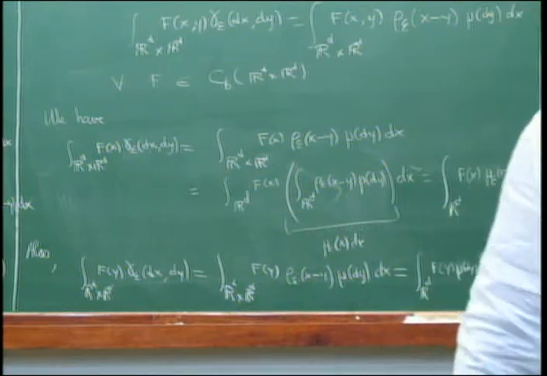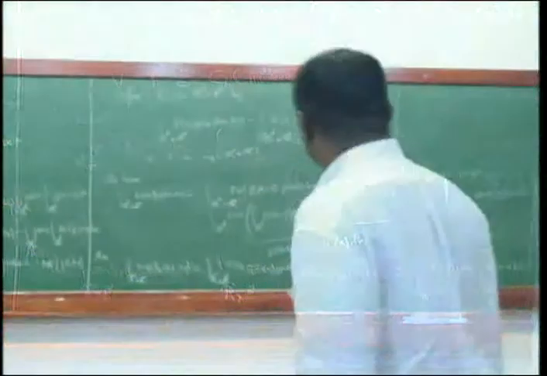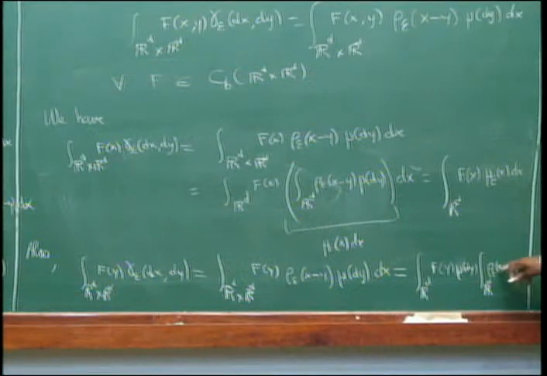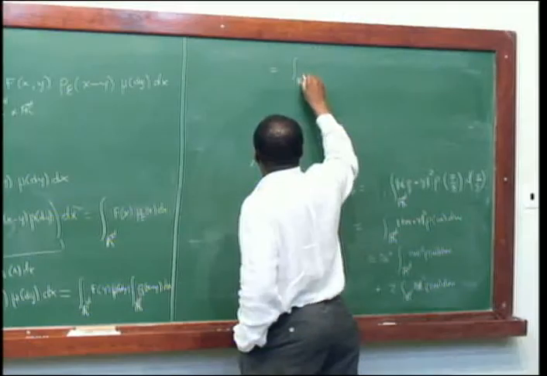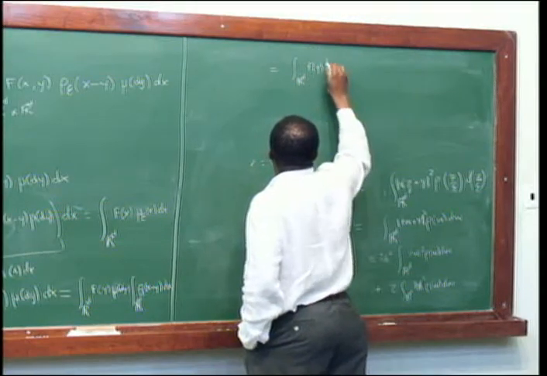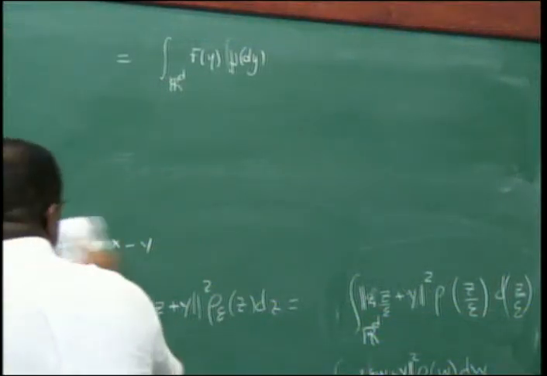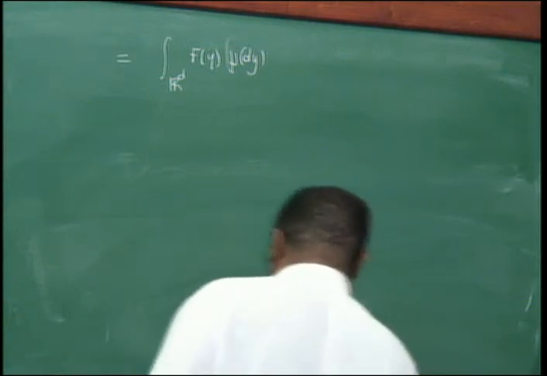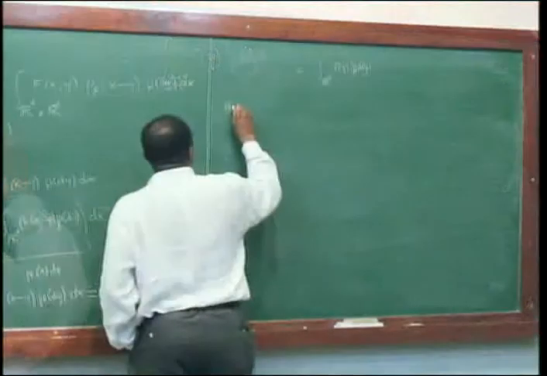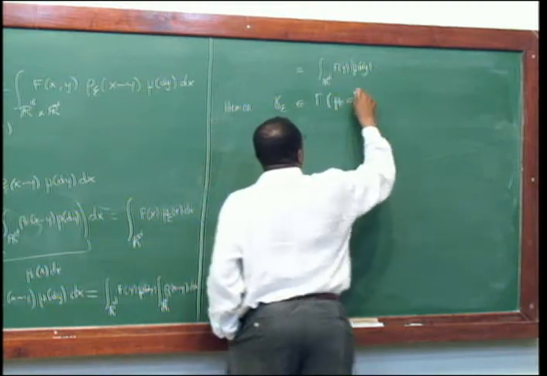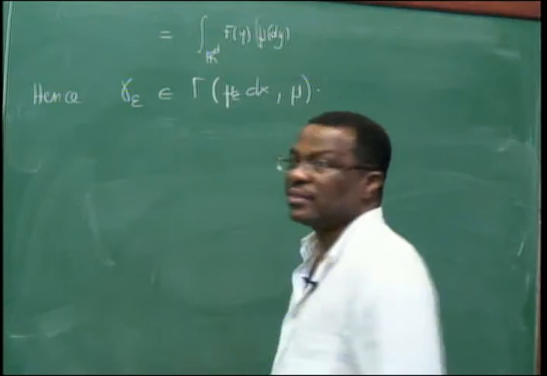But rho epsilon is a probability measure. I can substitute, maybe, the change of variable x minus y is w. So I'll have the integral of rho epsilon w dw. That integral is 1. And so I get that this is the integral over Rd f y mu dy. This proves that gamma epsilon has mu epsilon ds and mu as marginals.